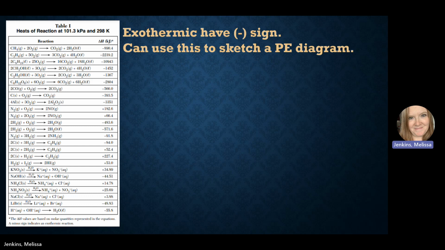You should also be able to sketch a potential energy diagram. So if they said sketch a potential energy diagram for this one, a potential energy diagram has reactants, right? And then they all have a part that goes up. This is the activated complex, right, at the top.